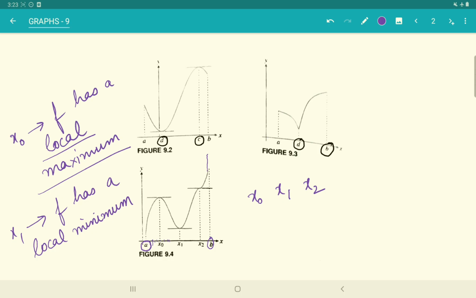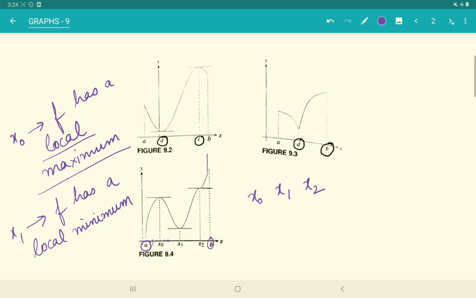If I take a look at x2, I can see here that at x naught f has got a local maximum. At x1, f has got a local minimum. But at x2, we have a stationary point, but there is no local maximum and there is no local minimum.